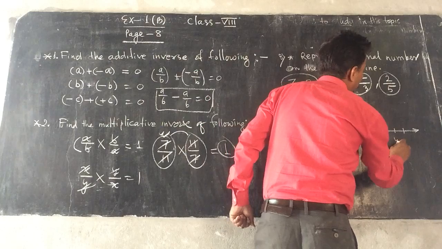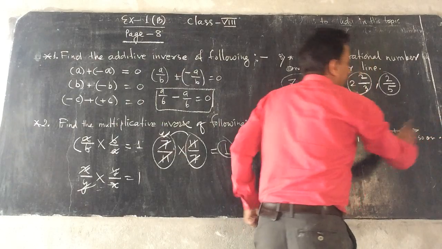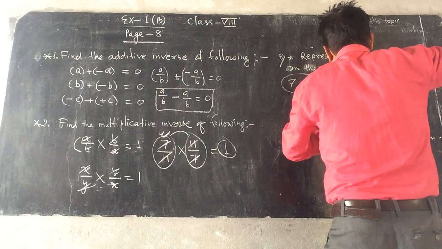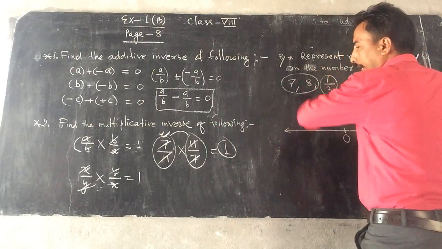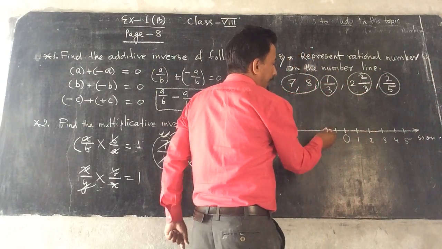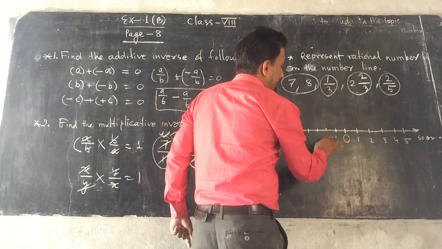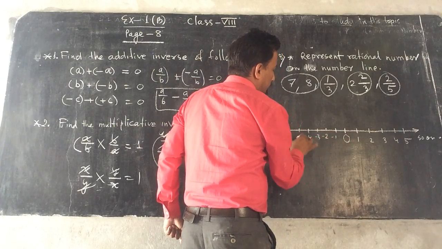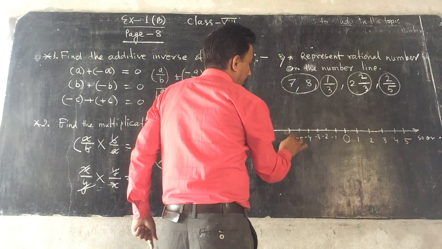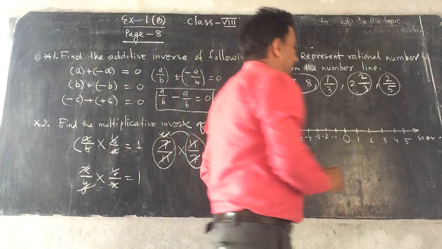The right side of 0 represents all the positive integers and the left side represents all the negative integers. The gap should be equal: 1, 2, 3, 4, 5, then -1, -2, -3, -4, -5. I will go up to 8, so -6, -7, -8.